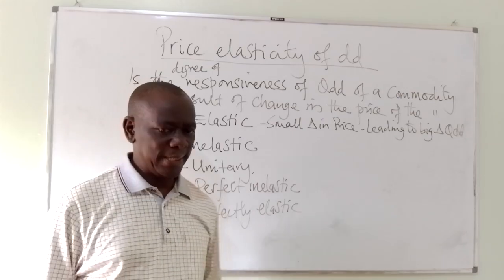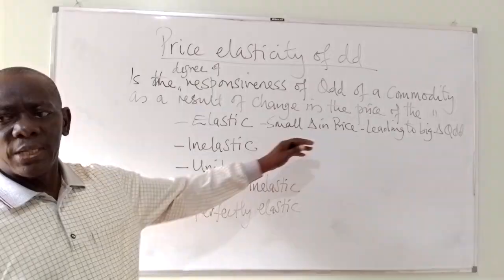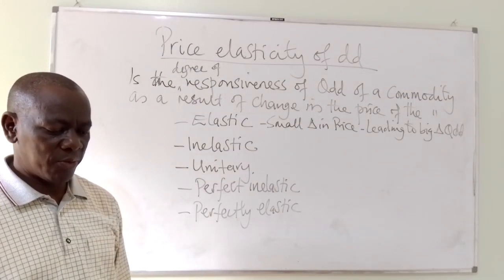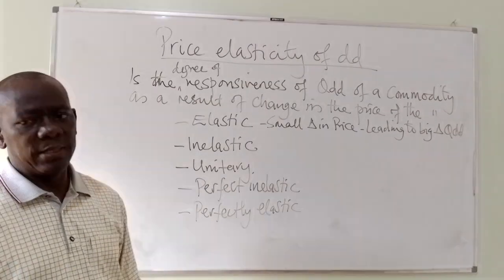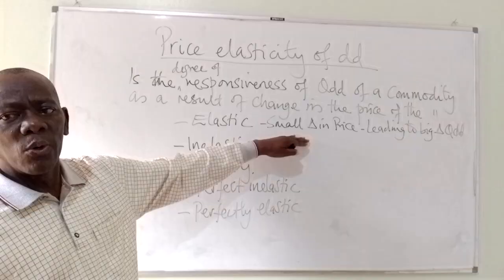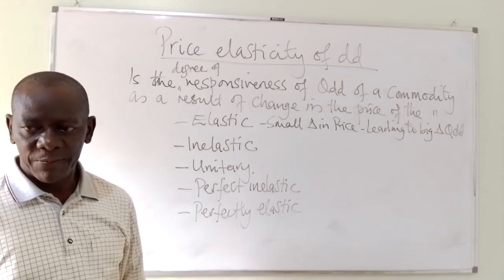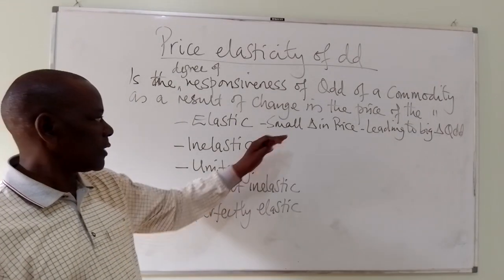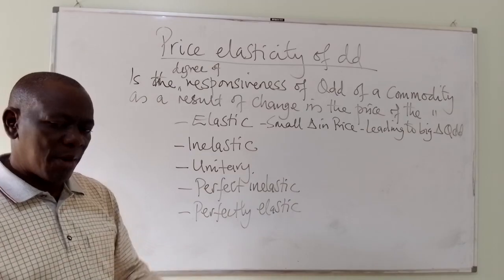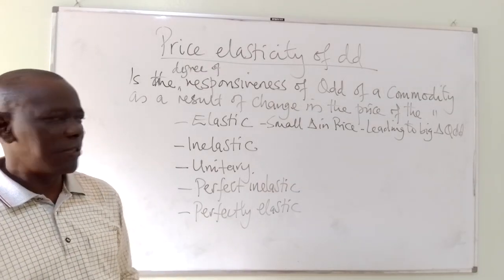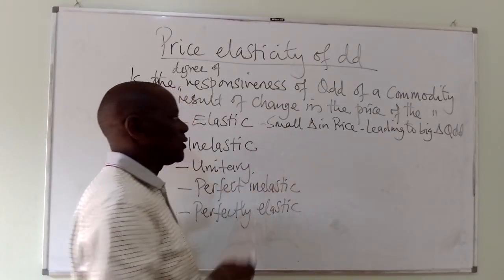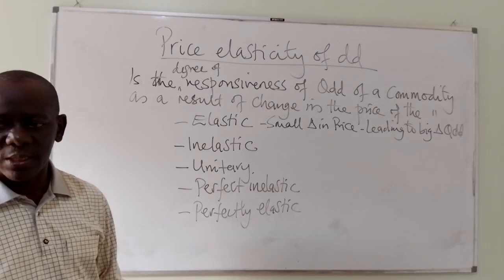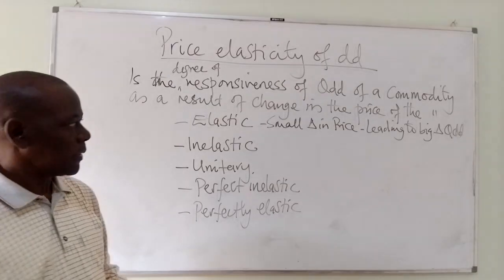That is elastic. That will be the conclusion from what we shall calculate. With the figure we get to lead us to conclude that the degree of responsiveness is elastic. Once we see that, the implication is there is a small change in the price which is leading to a big change in the quantity demanded of a commodity.